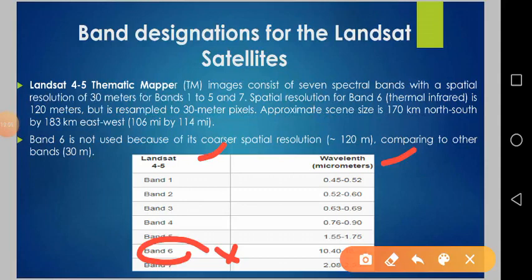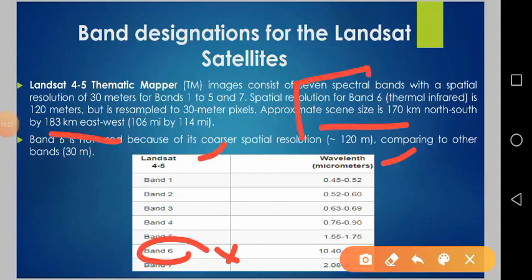There is additional information that I want to share. The Landsat 4-5 series had an approximate scene size of about 170 kilometers north-south by 183 kilometers east-west.